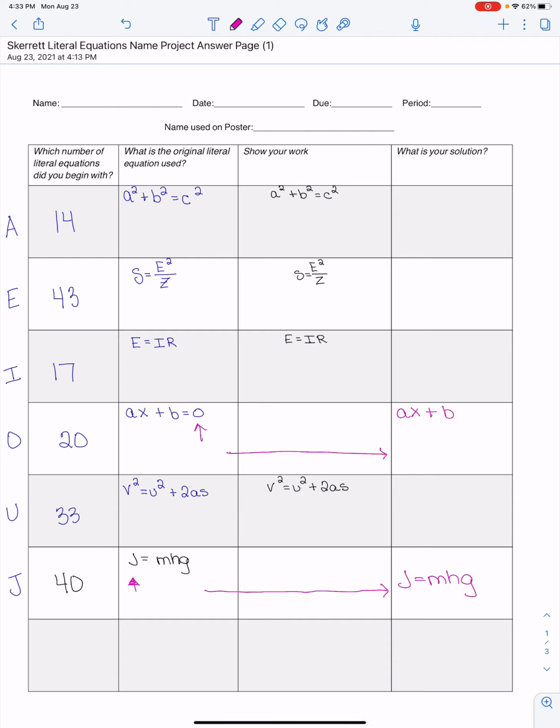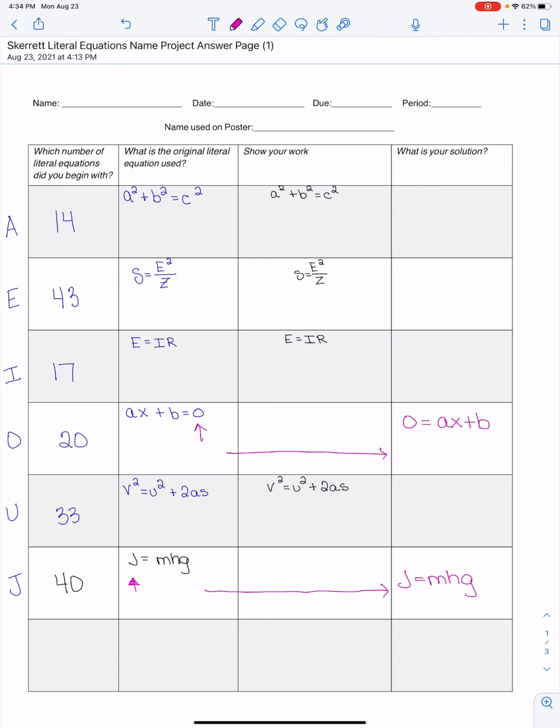Oh, however, I actually want it where your letter is first. So it would be 0, which is a pretend O, is equal to AX plus B. Okay, so I just flipped them and put them in the reverse order.